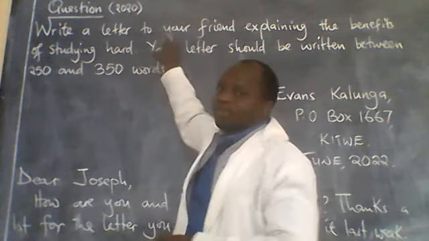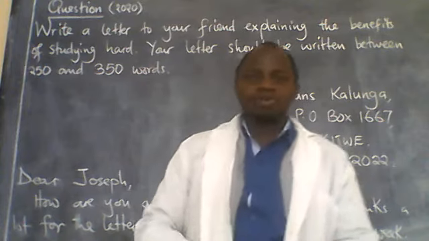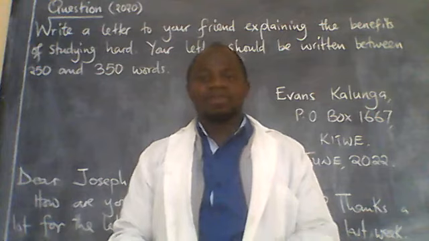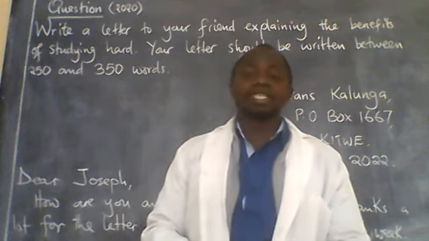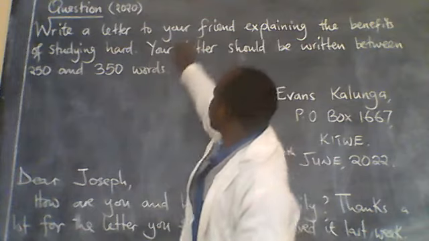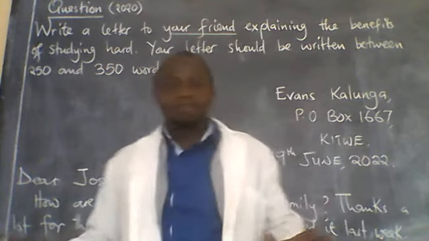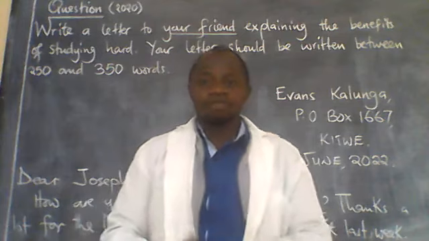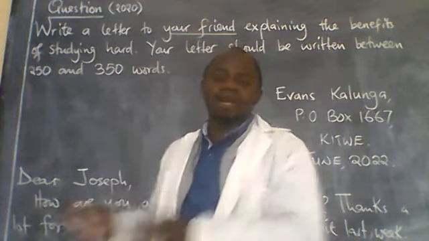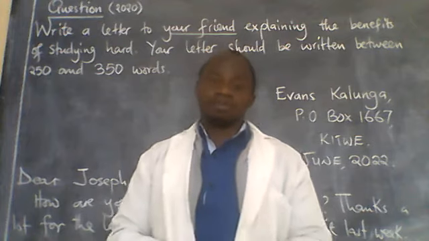The words that have been used in the question will tell you that the letter you are about to write is an informal letter to your friend. They haven't specified that this is informal, but the words themselves will tell you.